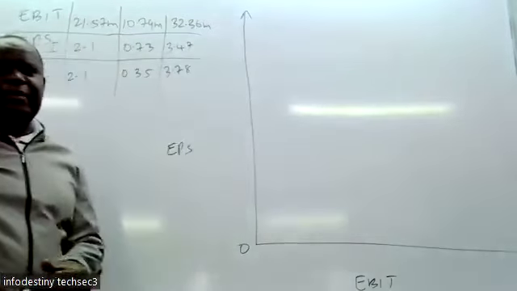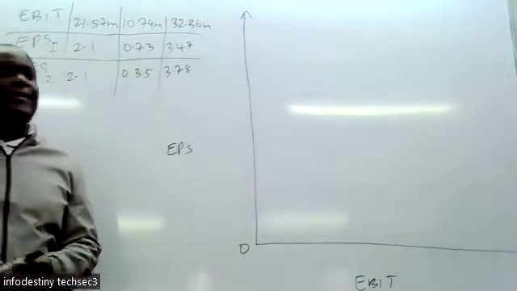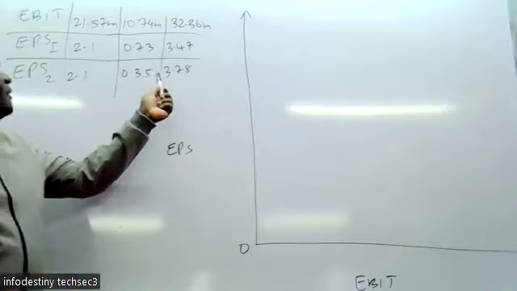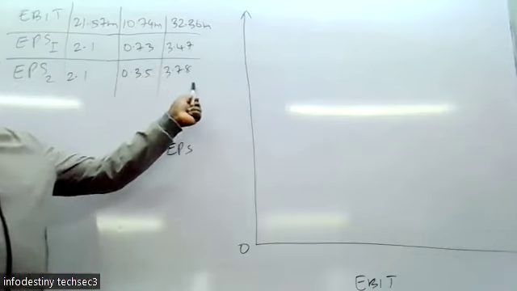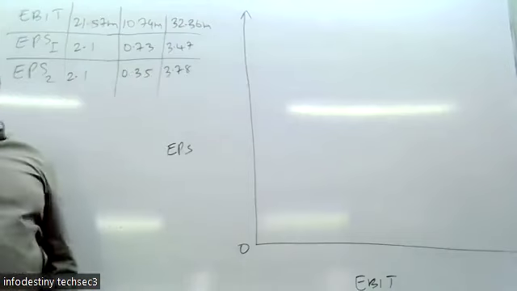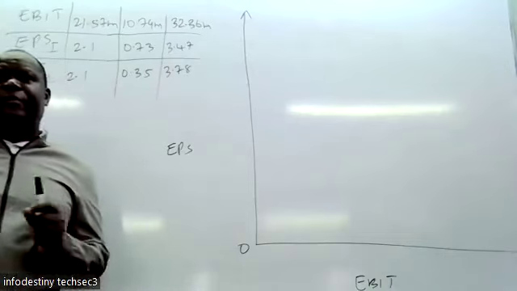So the scale we create: you see the highest earnings per share is 3.78 and the lowest is 0.5. So we can create a scale of 0.5.